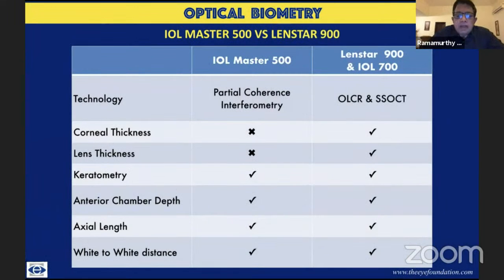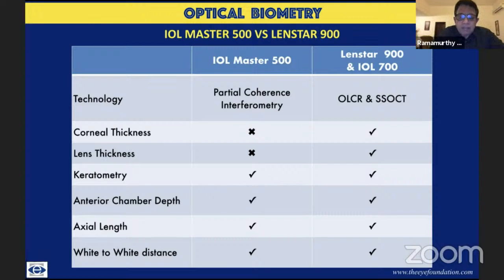One of the major differences between the AIOS-Master 500 and 700, and the 700 shares these features along with the Lenstar 900, is that it gives information about both the corneal thickness and the lens thickness. And this essentially becomes important when you're dealing with the latest generation formulae like the Barrett or the Baylor nomogram, or even the Holladay 2, where 7 or 5 different features are required compared to the earlier regression formulae that we used to use.